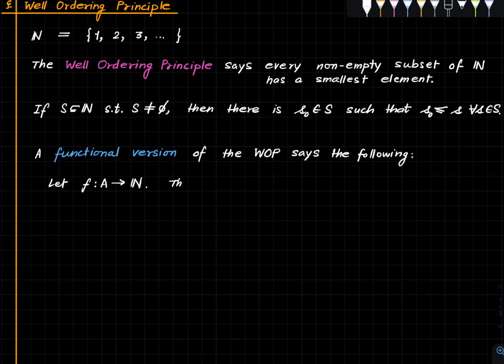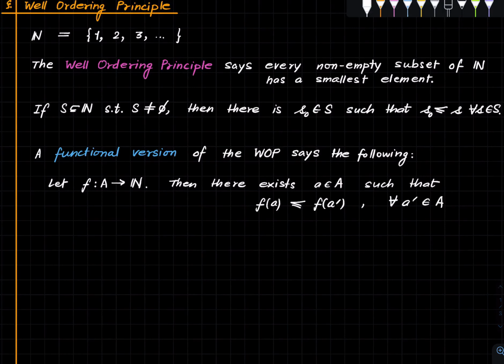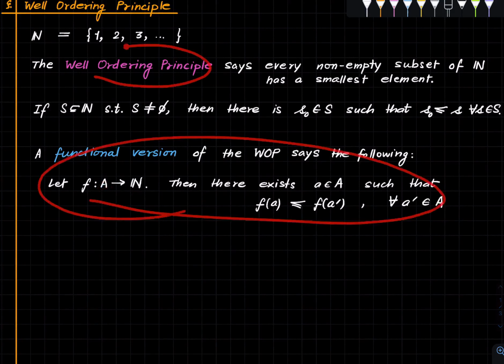Then there exists an element a in the set A such that the value of the map at the point a is the smallest amongst all values that the function takes. Right? So I hope this statement is clear, meaning there is a point here which takes the smallest value. And this is just a consequence of the previous one. So let me prove it.